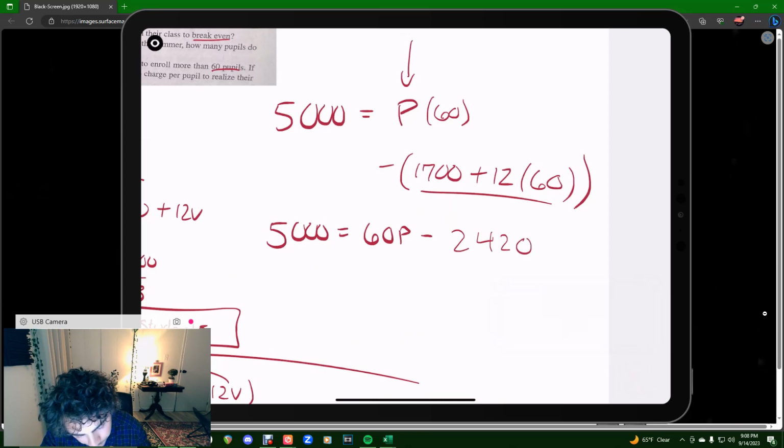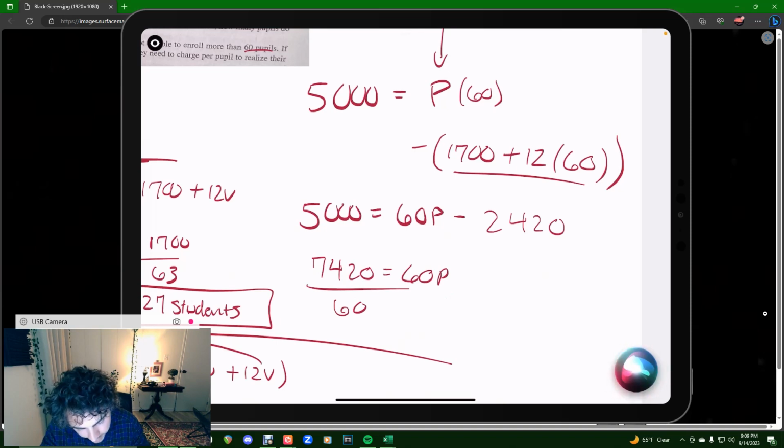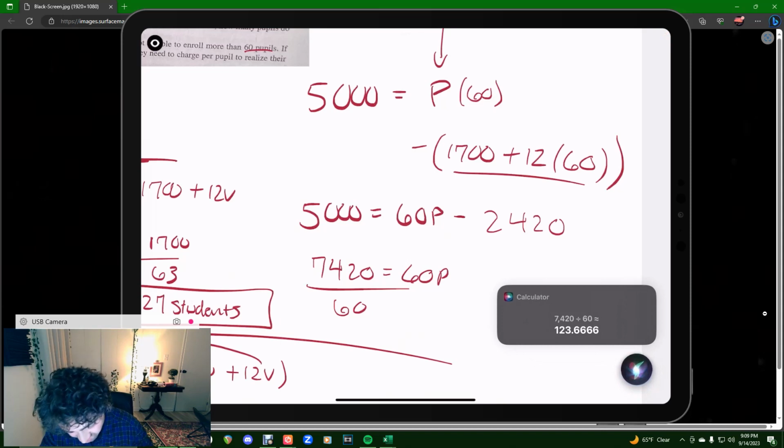Okay, very good. Now we solve for P. We add 2,420, so we get 7,420 on the left side equals 60P. Divide by 60. 7,420 divided by 60 is approximately 123.6666, 123.6 repeating.